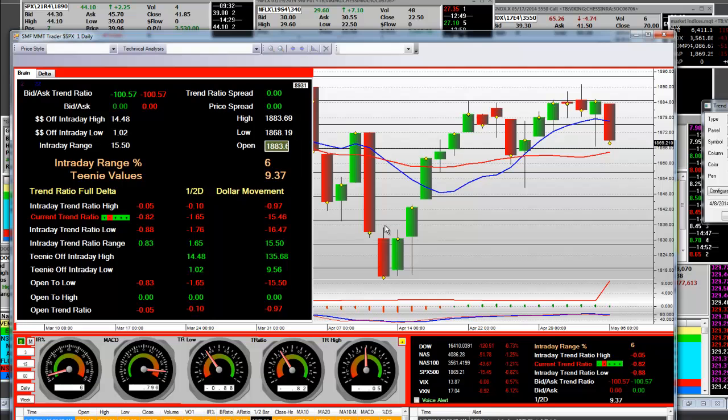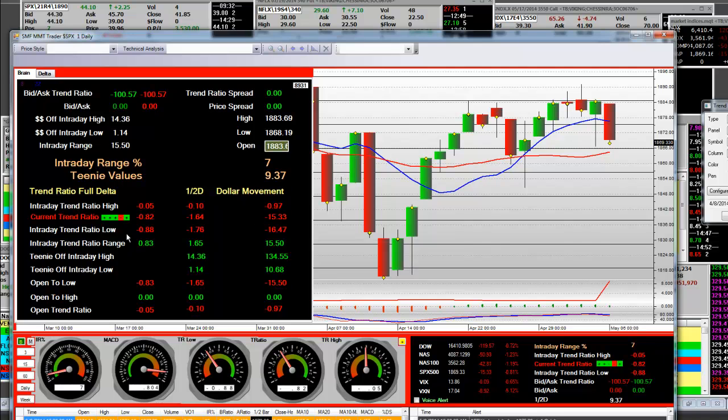Because, like I say, this platform is coded. You got an intraday range of 1550, your 1466 off of the, or 1454 off of the high, and off of the low, your 0.96. What is this? The current trend ratio? 0.83, 1.64 equals $15.